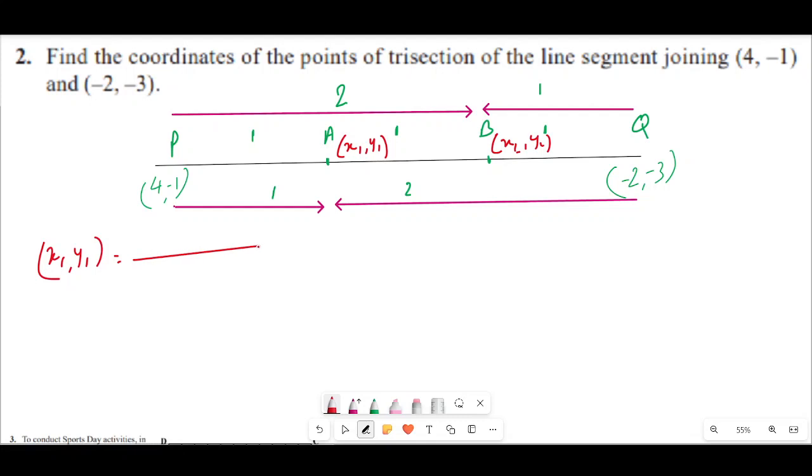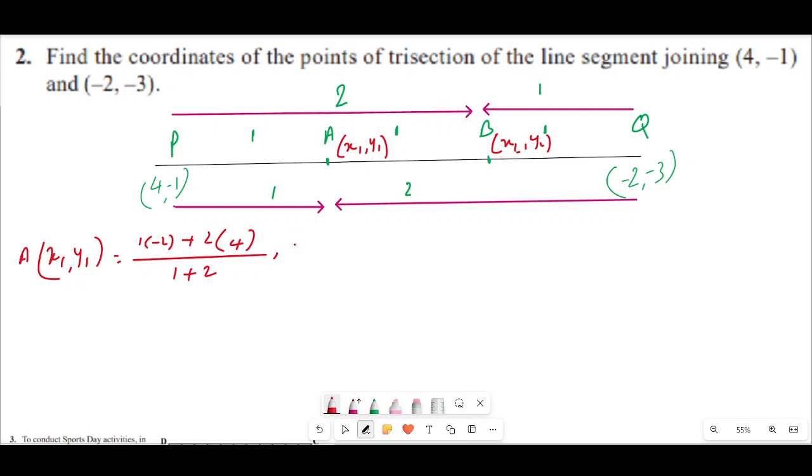Now for the section formula, for A: this is 1, so we multiply 1 times -2 plus 2 into 4, over 1 plus 2, comma.